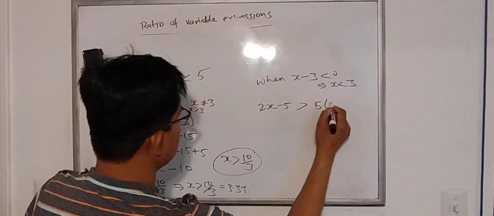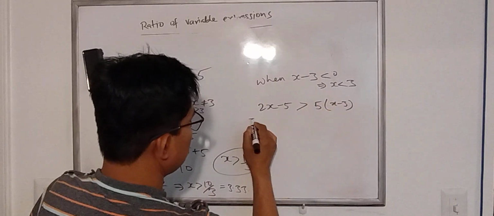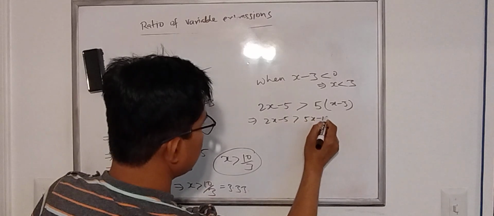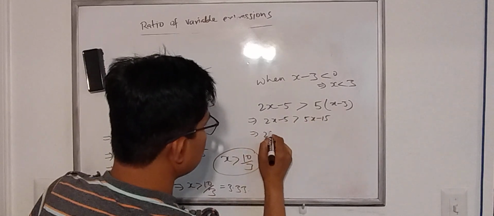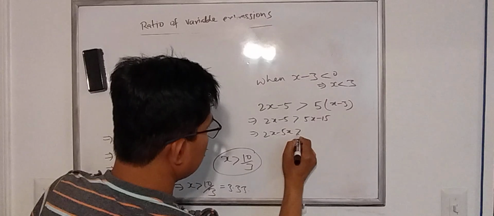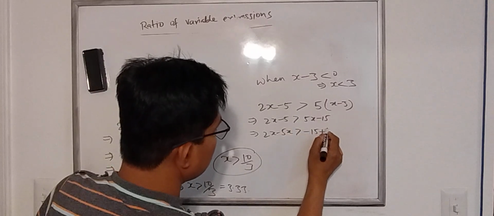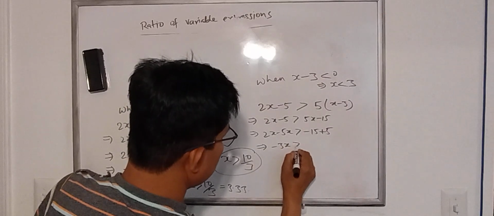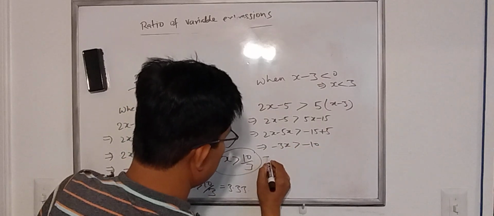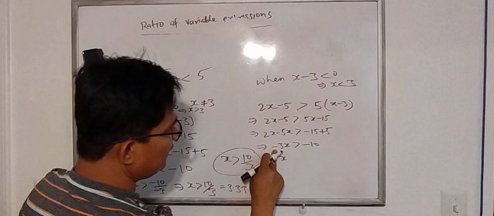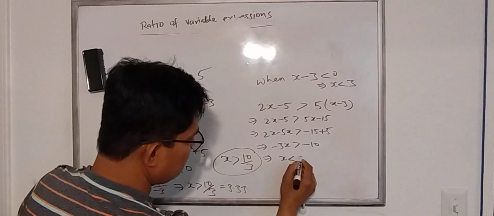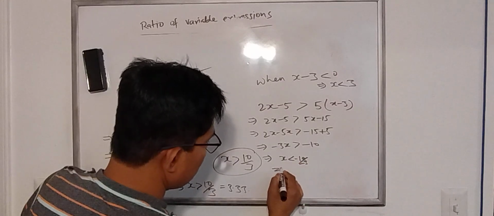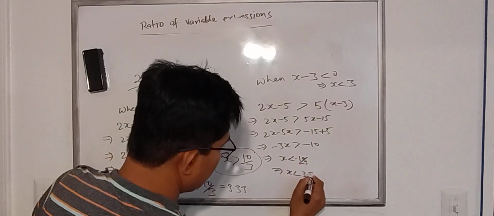So 2x minus 5 is greater than 5x minus 15. 2x minus 5x greater than minus 15 plus 5, which means minus 3x is greater than minus 10. I have to do the same thing because I am dividing by minus 3. So change the direction. Minus 10 by minus 3, which means x is less than 3.33.